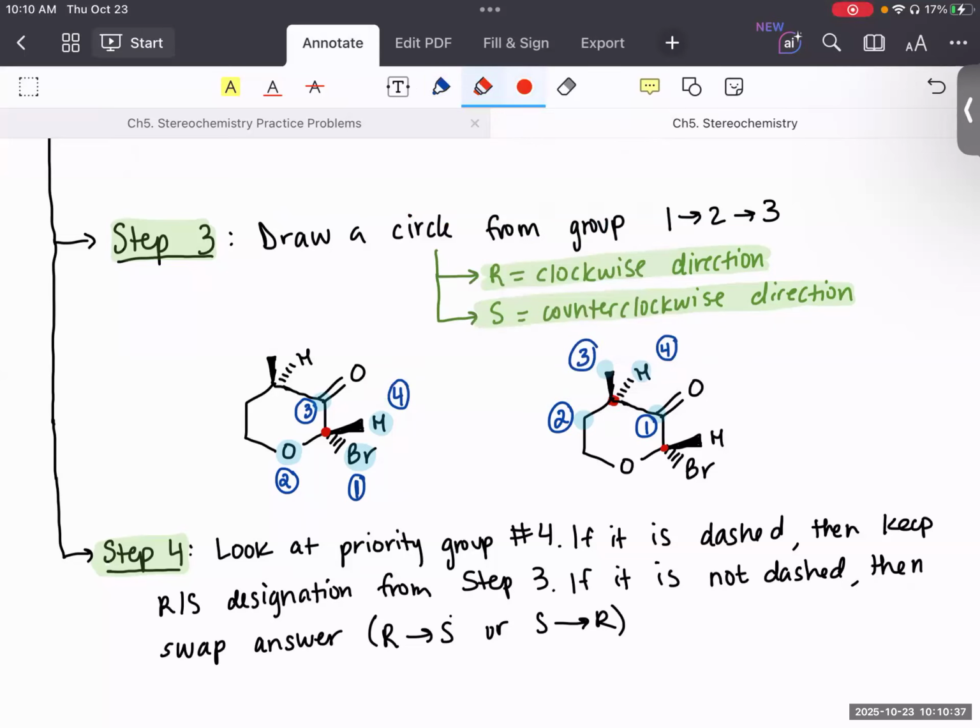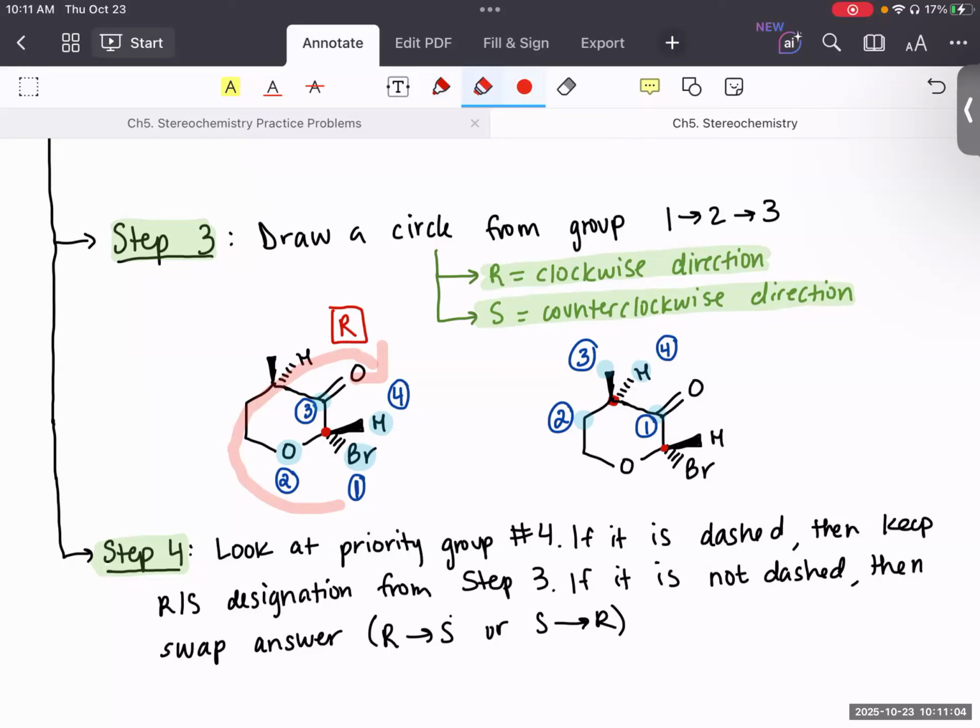Starting with the 1 with the bromine, 2 to 3, we draw a circle like that. When we draw this circle, we're going in a clockwise direction, so we're going to use an R designation. One thing to note is that this is a preliminary designation. We're not done yet; we still have to do step 4. But for step 3, we're going to assign this as an R group.